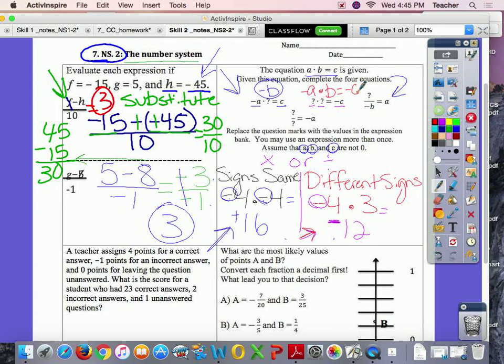Sure we could, because it's still the same rule. And what happens when you switch around multiplication, if you switch the numbers around? What property is that? It's the commutative property, just like addition. Does not matter which order you put your numbers in.